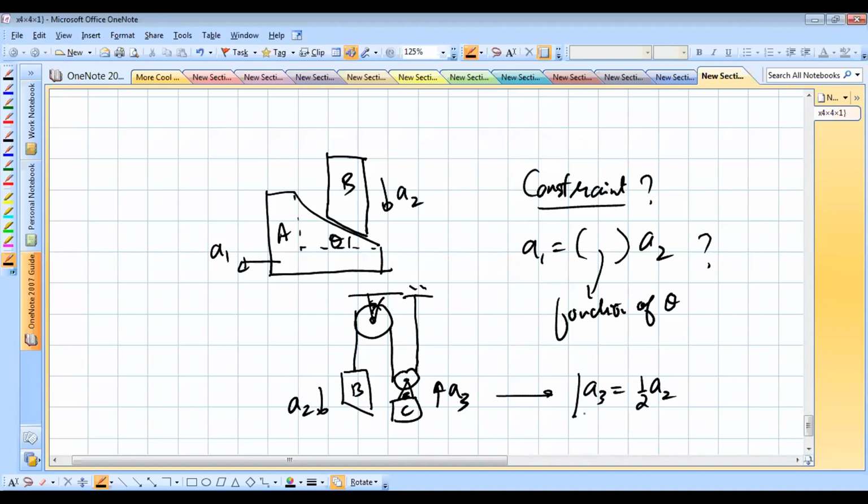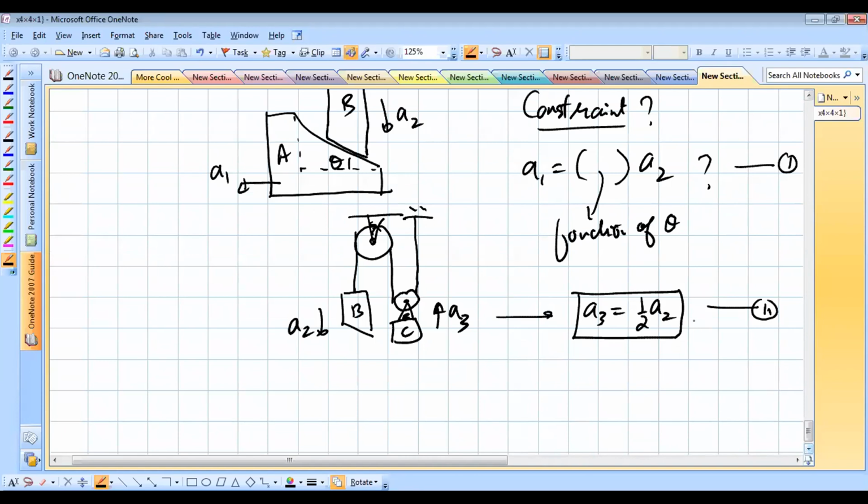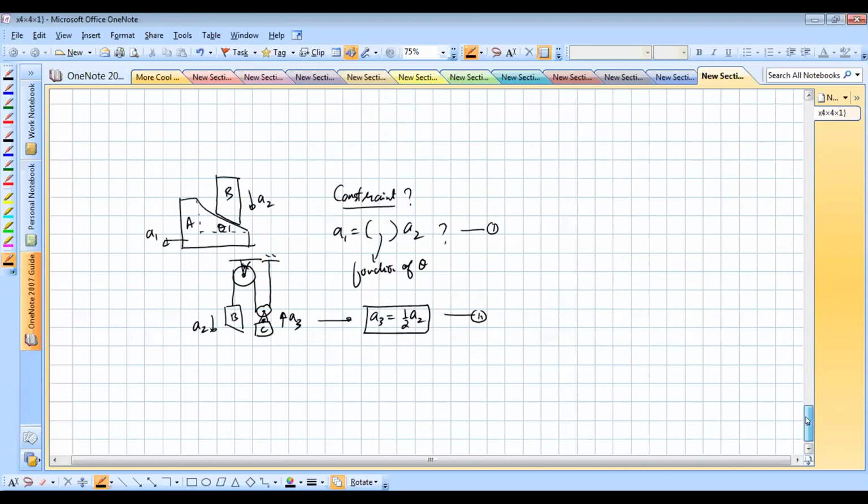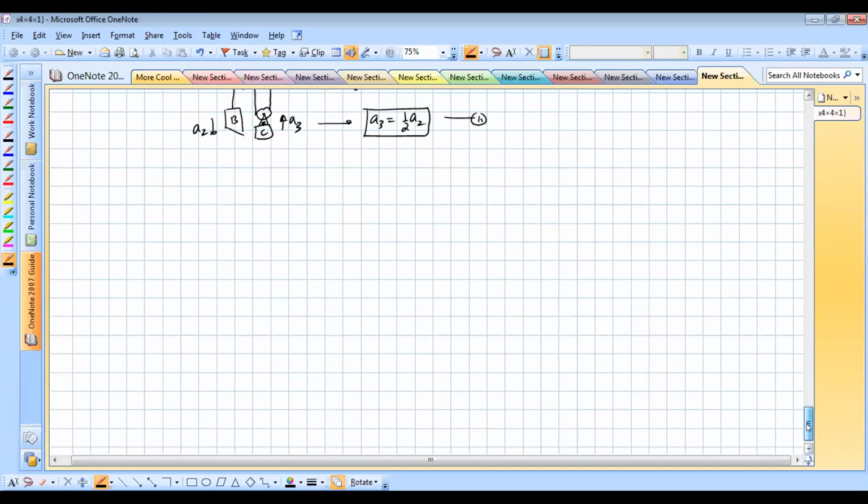This is the other constraint relation, so this is your second equation, and this will be your first equation. The rest is to be done from free body diagrams. I'm just making a rough version of the whole diagram. The whole diagram is something like this.